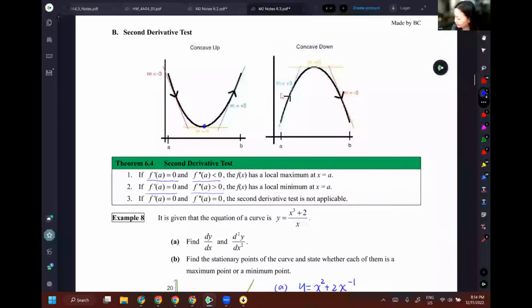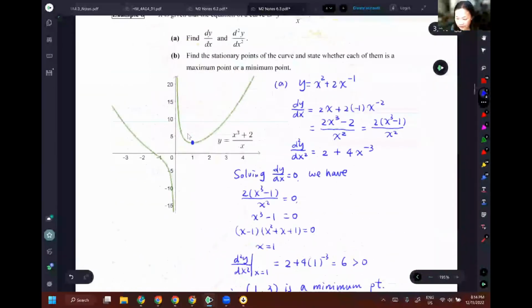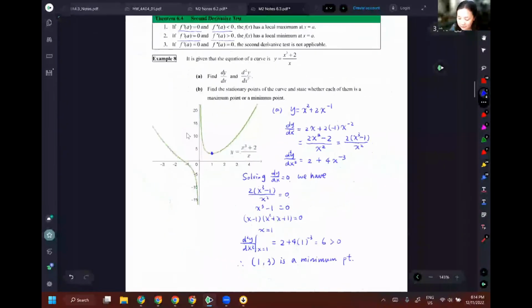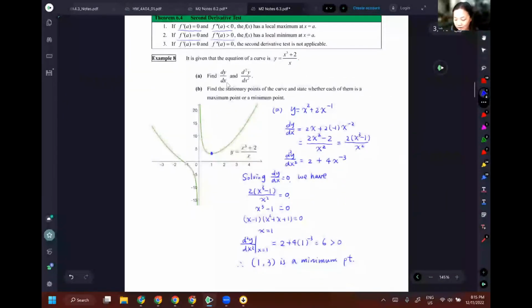Example 8. How do I find out the stationary points? I will solve first derivative equals 0, and the answer is the stationary point.